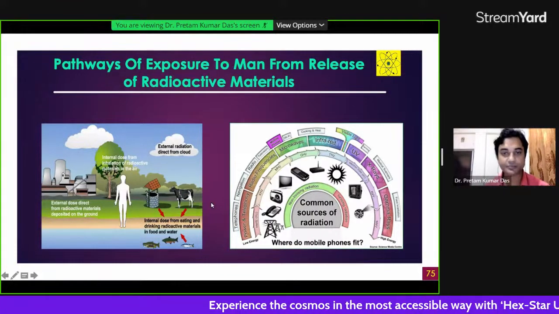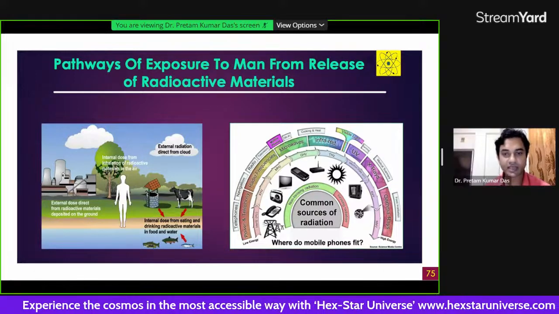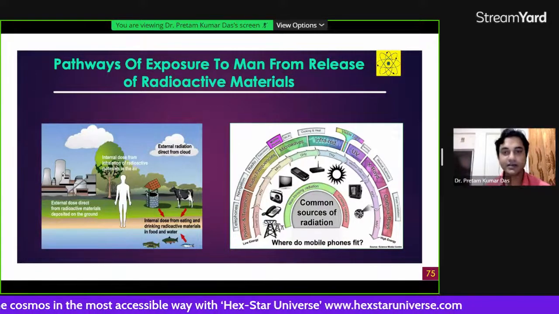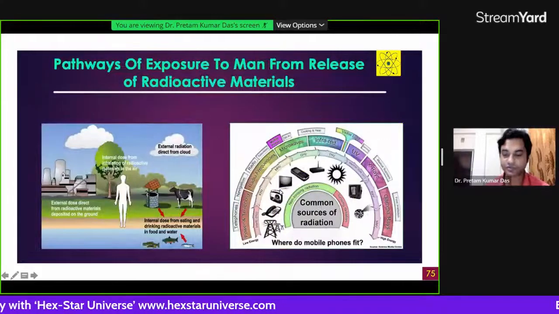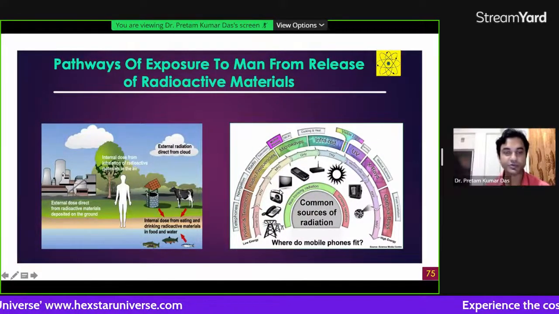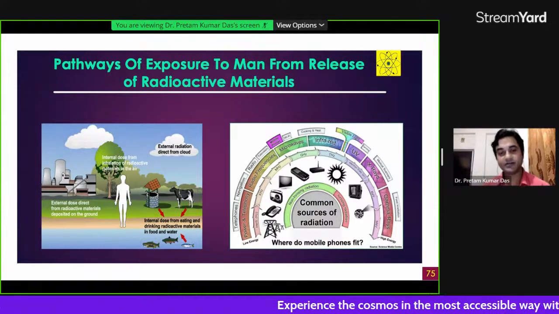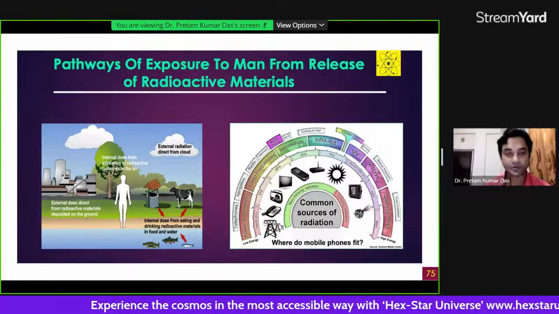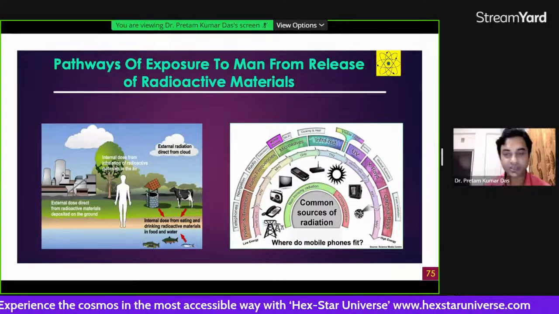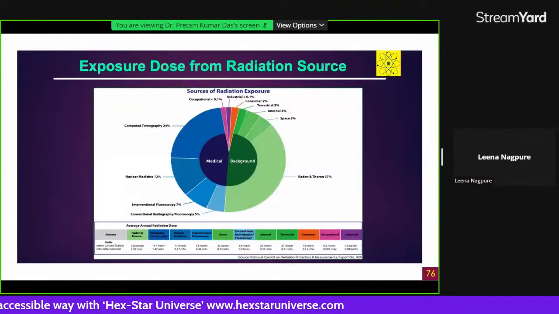As I have already said, we don't care about non-ionizing radiation, but we have to care about ionizing radiation. If we are working near or inside a lab where radioisotopes or radioactivity are used, we have to regularly check the radiation dose.